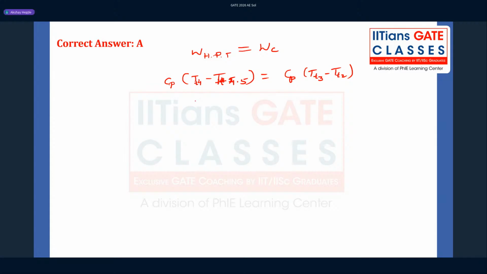Since it's an ideal case, I can treat Cp to be constant, neglecting the effect that is coming from combustion.